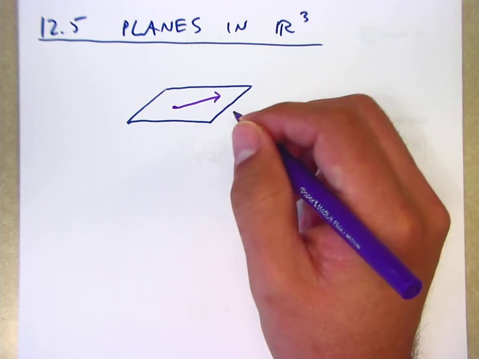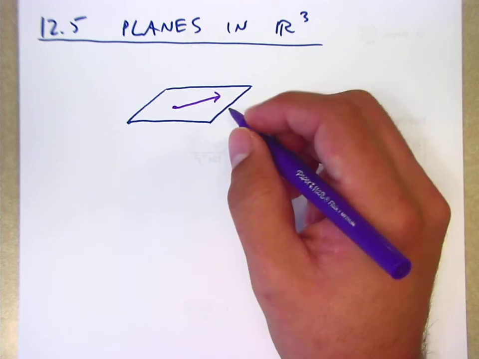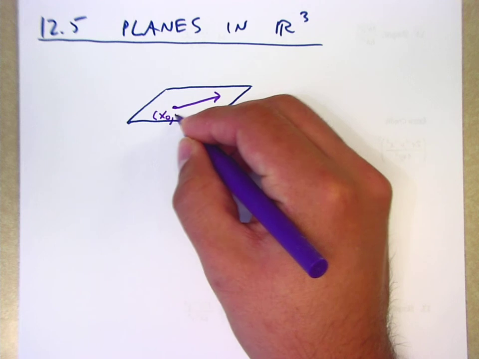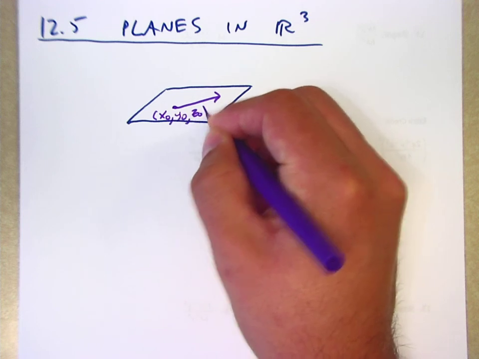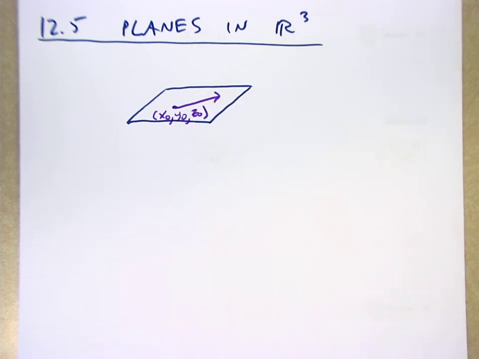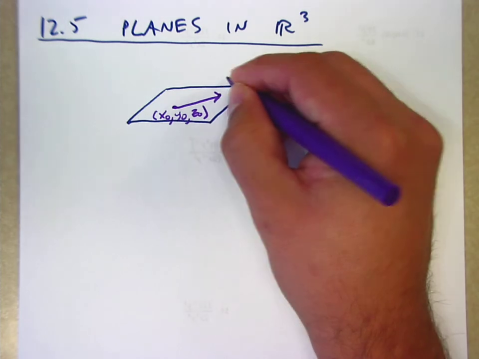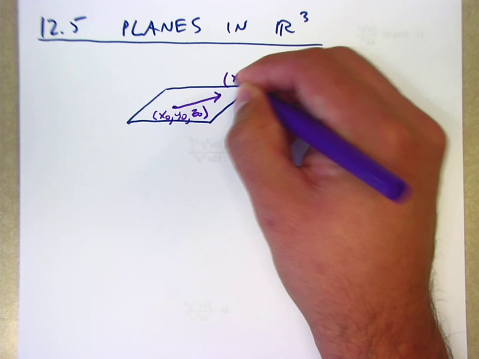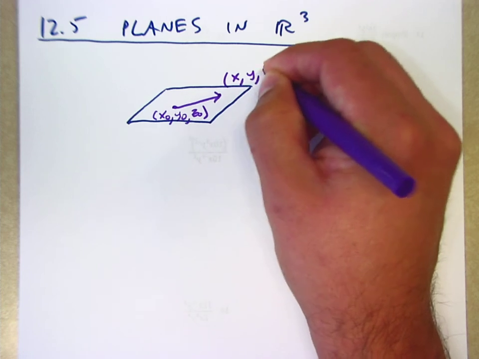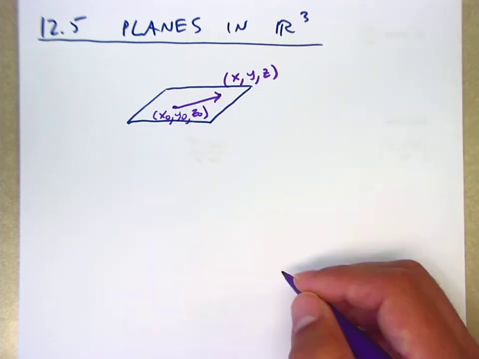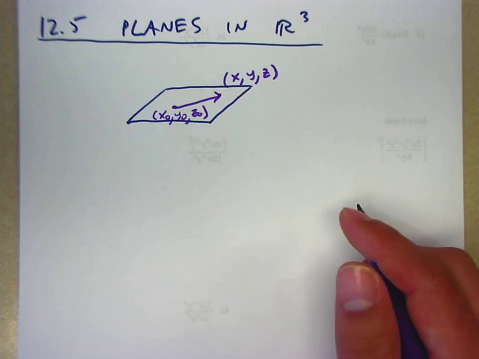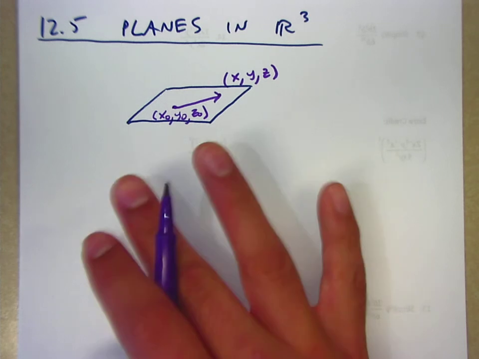Let's say we have a point x naught, y naught, z naught at the beginning of that vector, and over here we have just x, y, and z. I'm just going to use that instead of x1, y1, and z1. All right, so there's a vector that's on a plane.